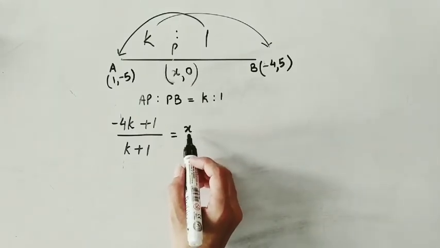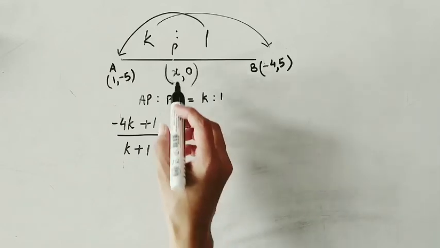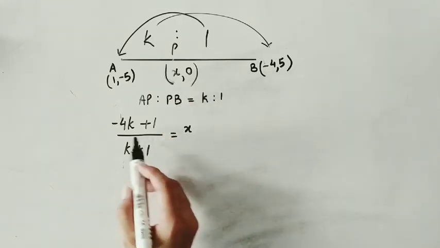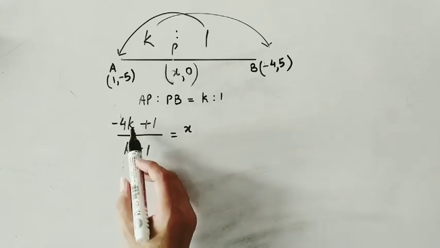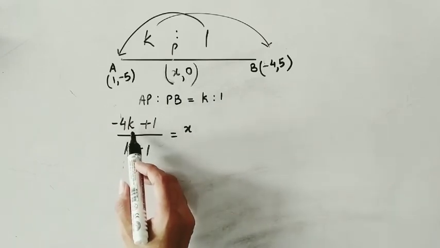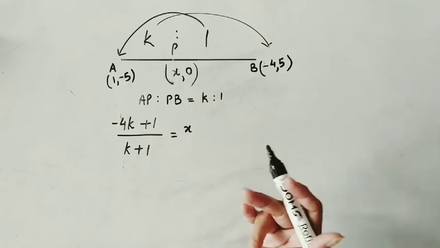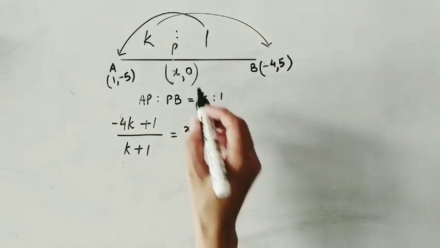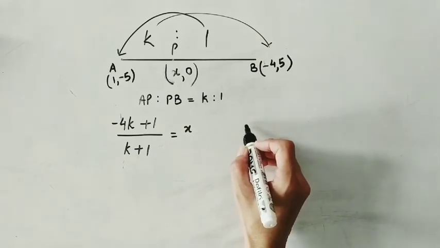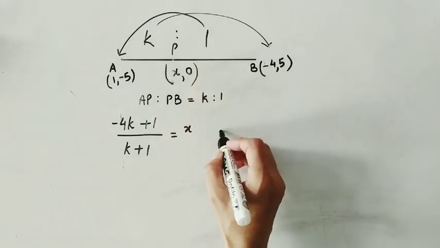But in this case, x is unknown, k is unknown, we should have at least one value. So let's find the value of k from the y coordinate. This 0 would be of great help to us today. We know the y coordinate is given as 0.